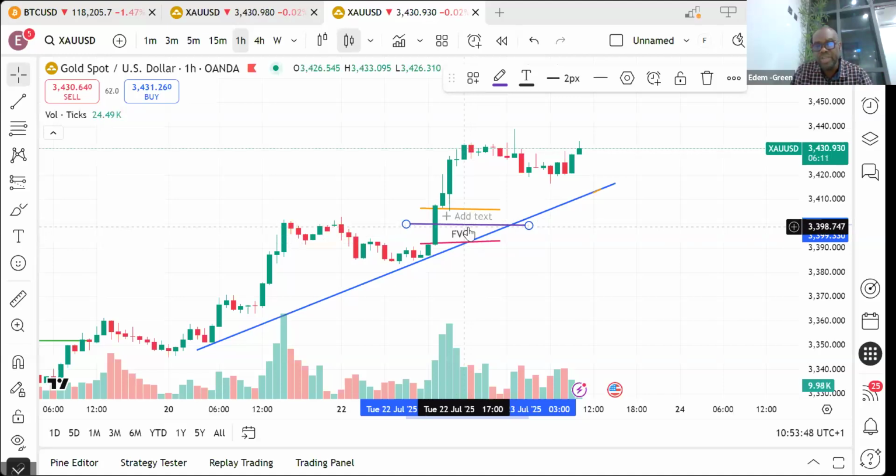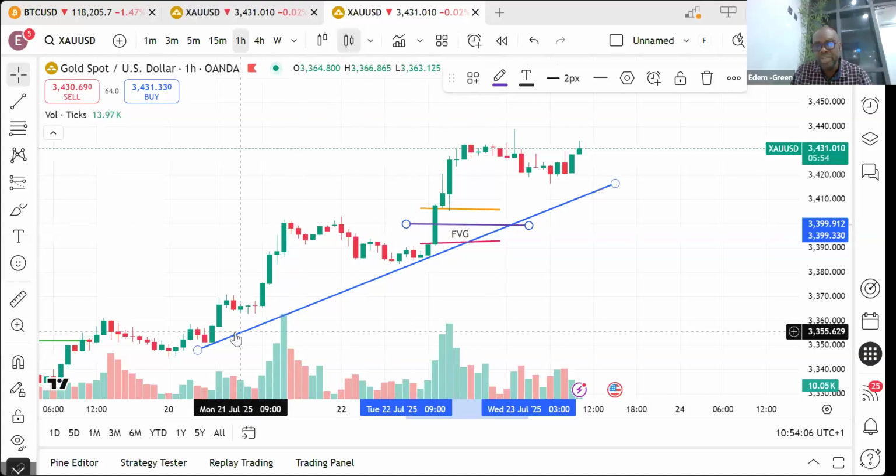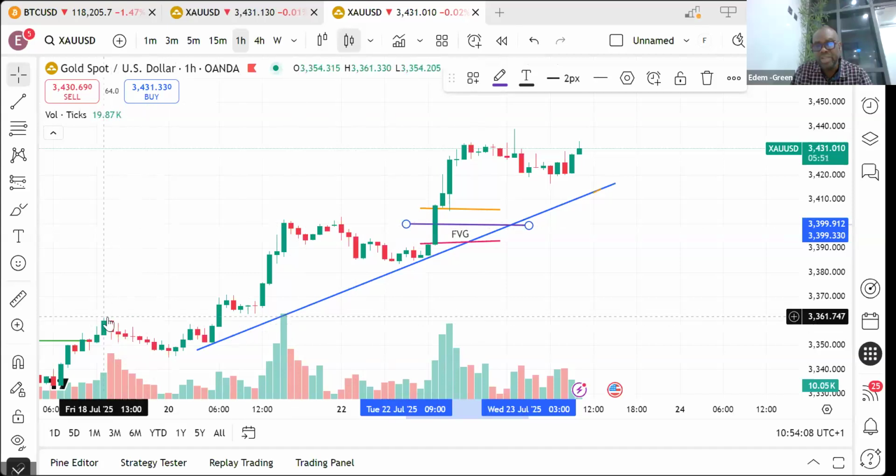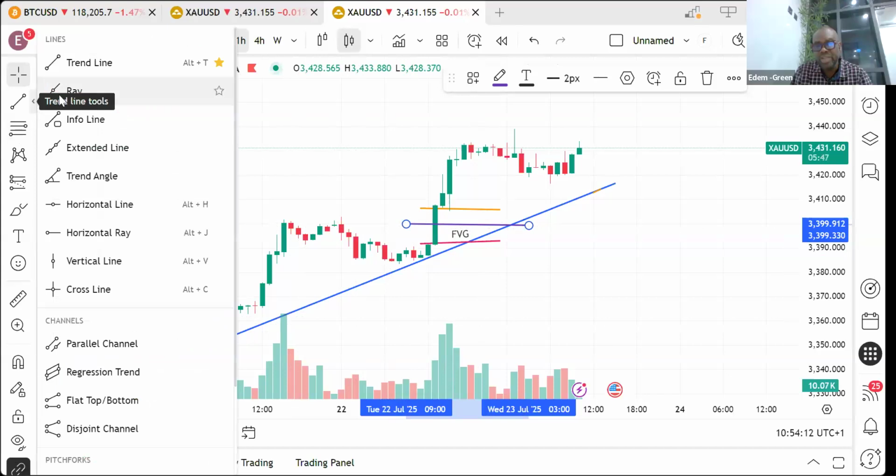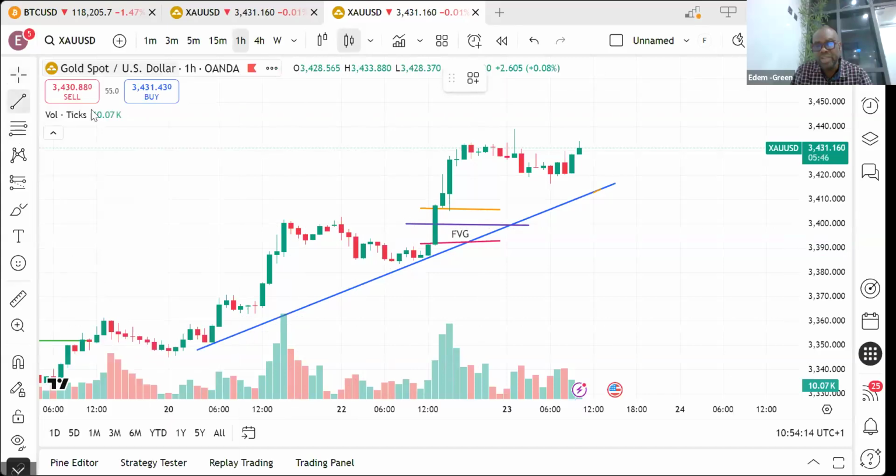And another thing you need to know, just like Dr. Love talked about, she's learning market structure. Another good entry point for you to consider, high probability entry when using fair value gap, is for you to understand the break in structure. If you look at this market, the market came like this. There was a break in structure here.